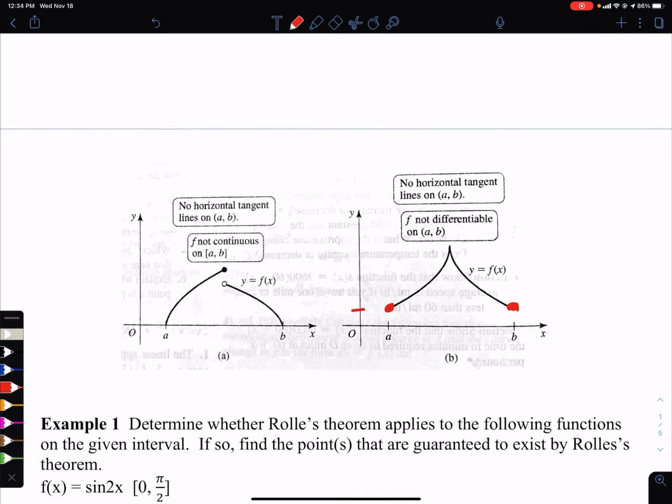So that looks like it meets the conditions of Rolle's theorem. But the one condition it doesn't meet is differentiability. And if you look, there is no place where the derivative is 0. So therefore, those are examples of why you must have continuity and differentiability. If you don't, Rolle's theorem is not guaranteed.